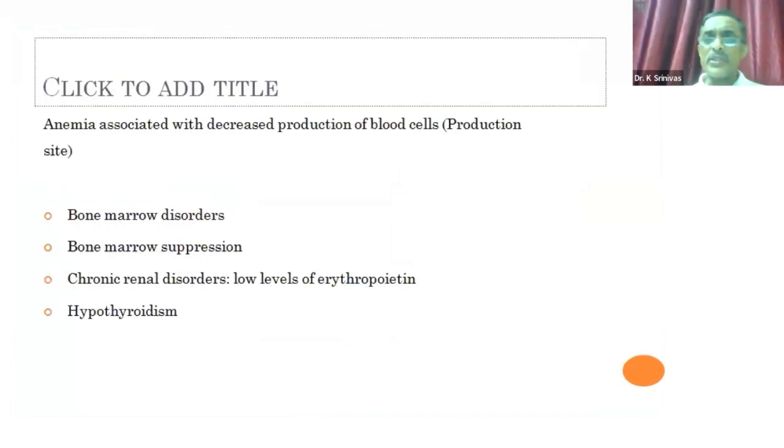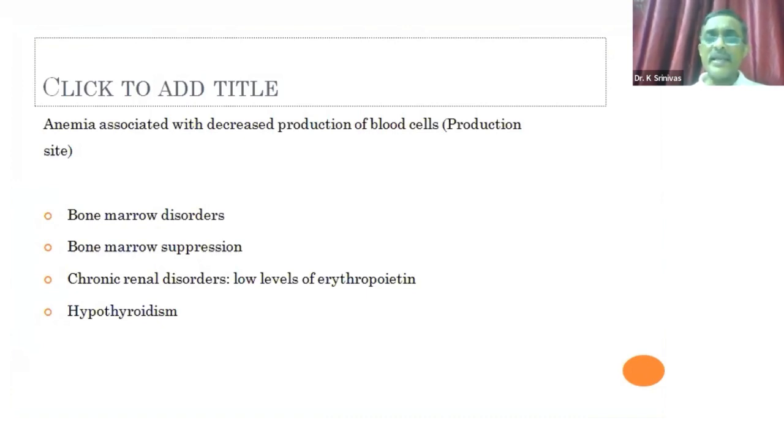So this is the basis of nutritional anemia in pregnancy. Now, anemia associated with decreased production of blood cells because of the site problem, the production site. So bone marrow disorders, then you can have bone marrow suppression, maybe infection induced or drug induced or immunological.